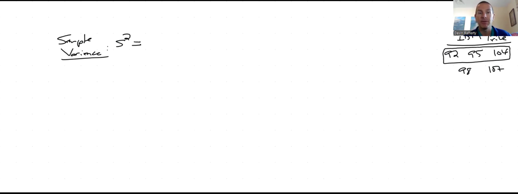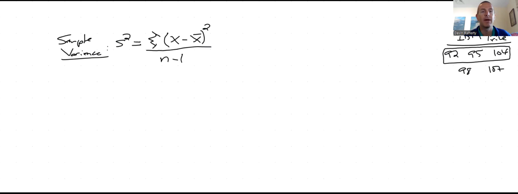In order to find sample variance, what we're going to do is the summation of x, sorry, I jumped the gun there. The summation of x minus x bar squared divided by lowercase n minus 1.